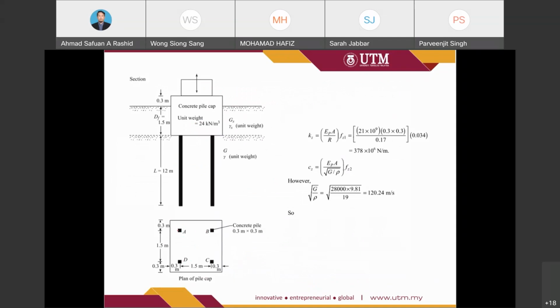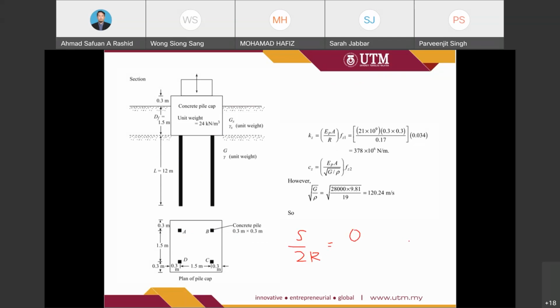For example, for A to A, the value is equal to 1. What does it mean? Based on figure 11.10, the S over 2R, with the spacing equal to 0 because at the point of A, the ratio S over 2R is equivalent to 0.